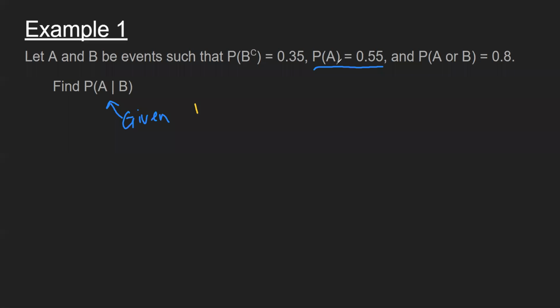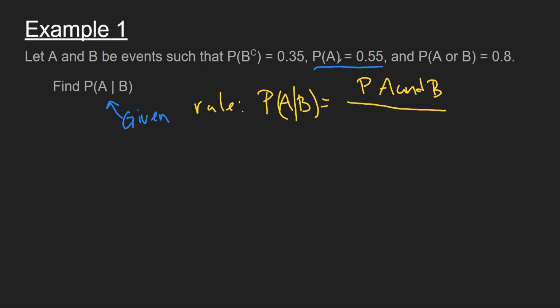Now I do have a rule for probability of A given B. And that rule is the quotient here of A intersection B, divided by the probability of B. And then once again, I can simply plug in my known information.